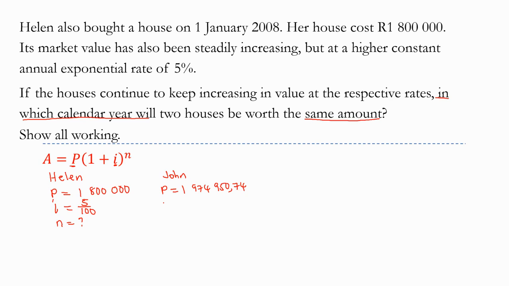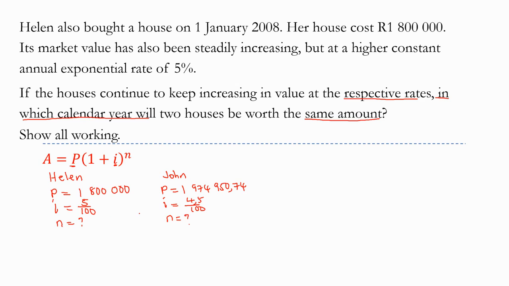Okay, and then I, the interest rate, is still 4.5%, because they say that their respective rates. You see that? And then N, we're going to find N when these two houses will be having the same value.